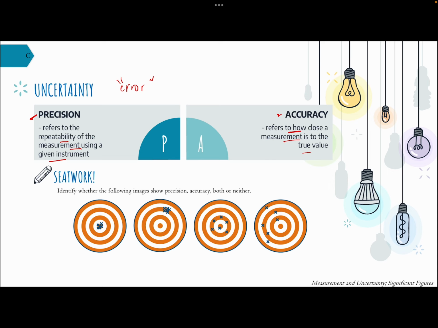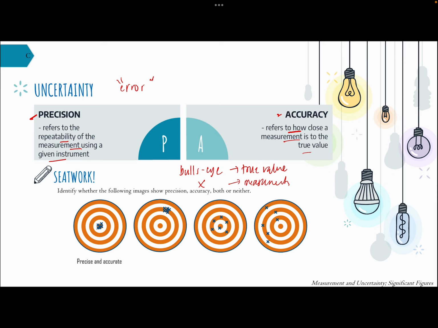So, in here, the bullseye represents the true value, or the true location. While the location of the darts, yung mga X, represents the measurements.